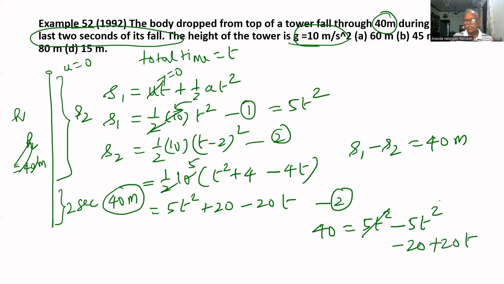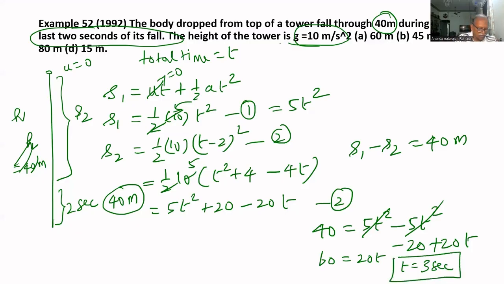These two get cancelled. 60 equal to 20T, therefore T equal to 3 seconds. What is the question? Height of the tower is asked. Total time taken to reach is T equal to 3 seconds.